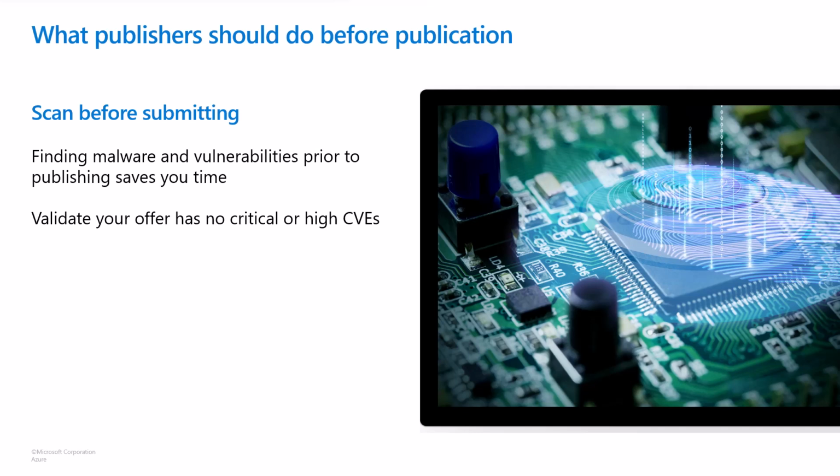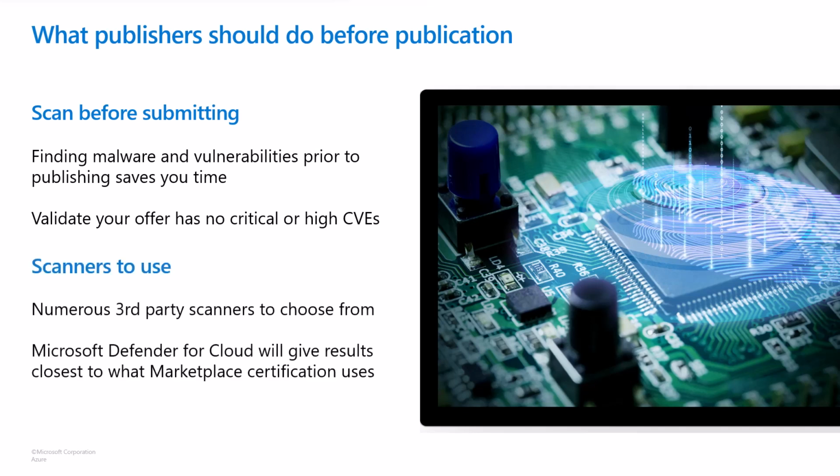There are multiple tools available for this kind of scanning for both CVEs and malware. And one excellent tool you can use is the aforementioned Microsoft Defender for Cloud. And when using Defender for Cloud to scan your images, your results will be as close to that of the certification team as possible.